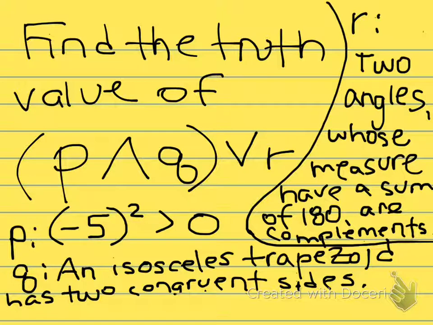So if we think about this separately, we have P and Q. We would need to have both of those be either true or false, and then we need to think about whether R is true or false. P was true, Q is also true, so we have true in the grouping.